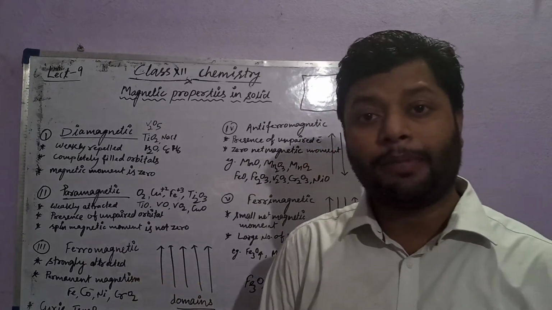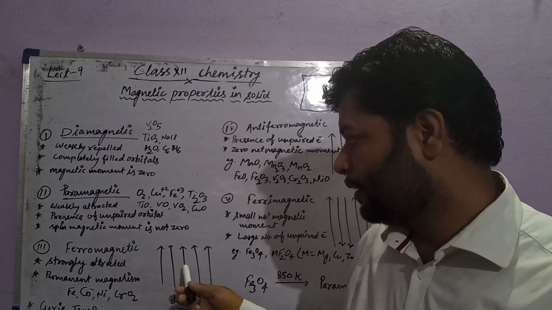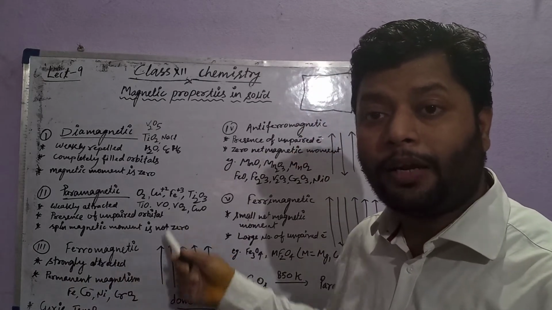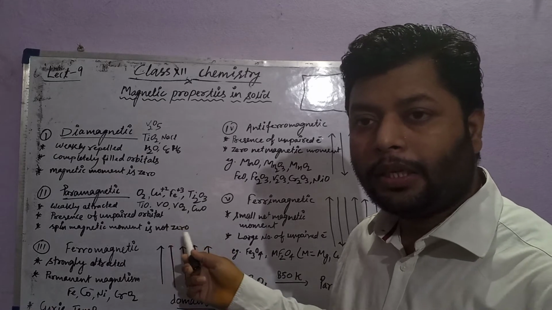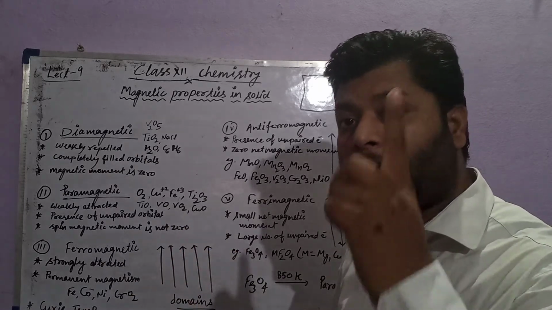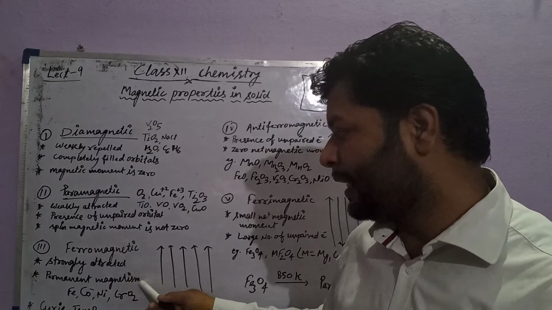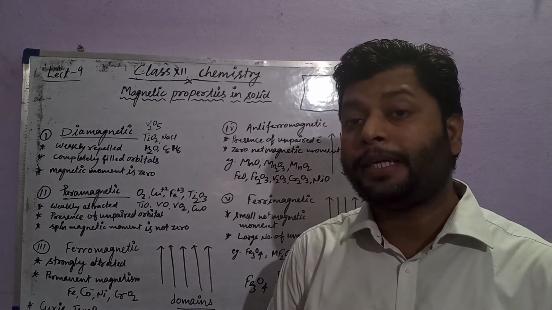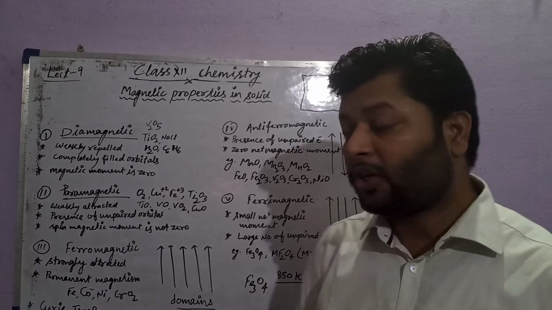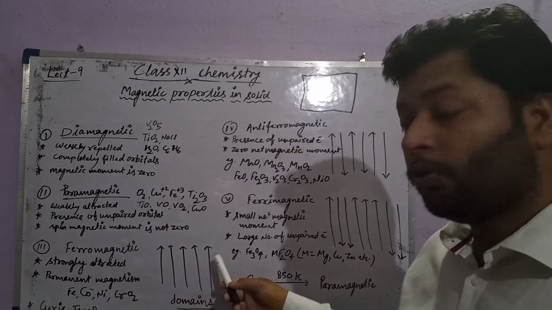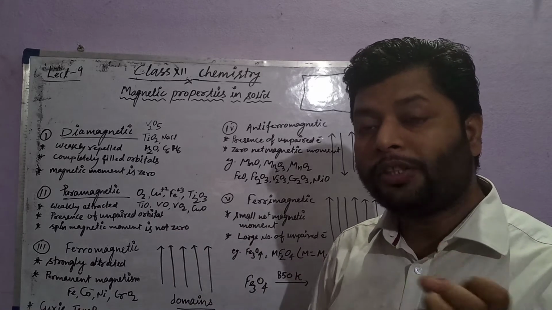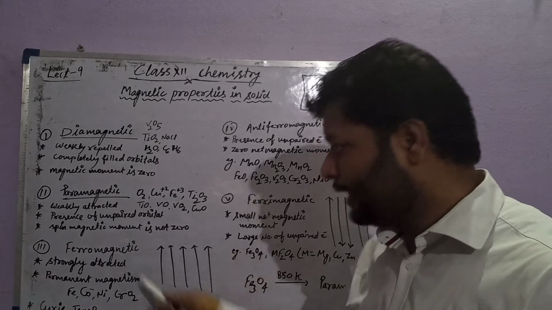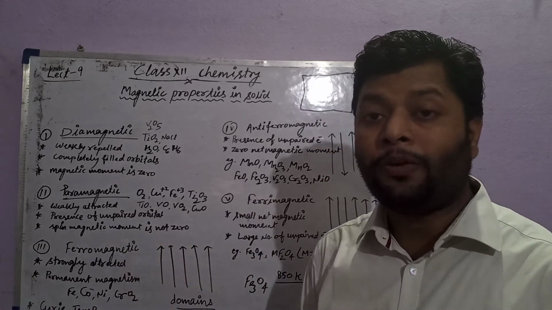They are strongly attracted towards the magnetic field because of the parallel orientation of domains, which sum up together and cause a strong magnetic behavior. This kind of substance is known as ferromagnetic.